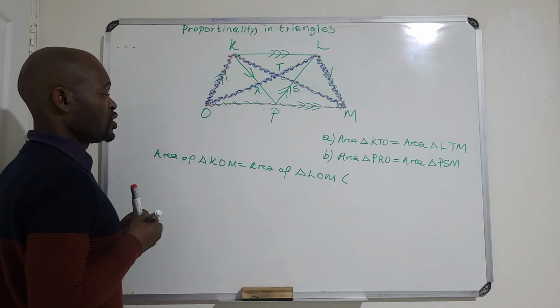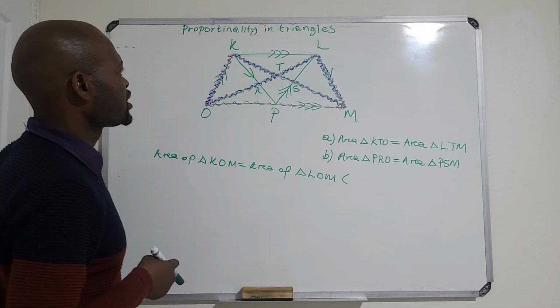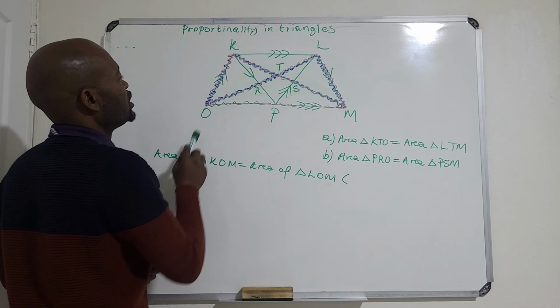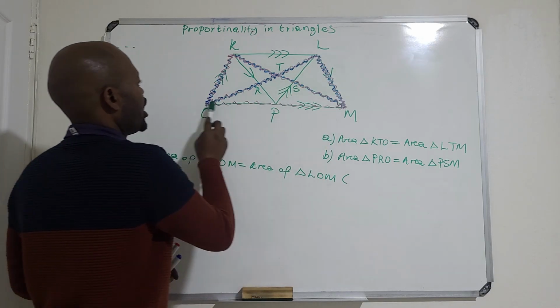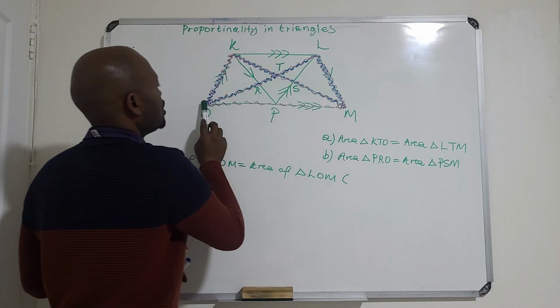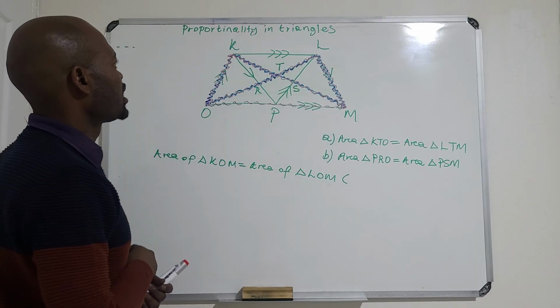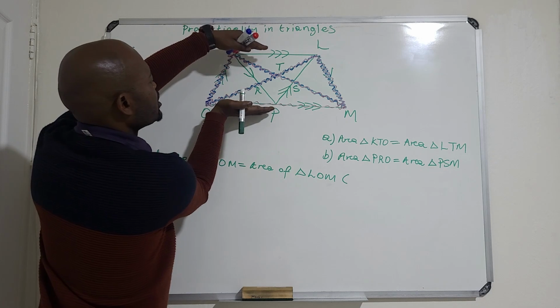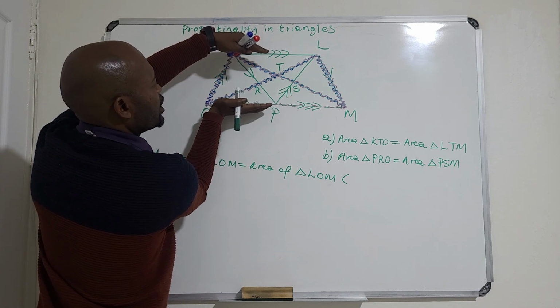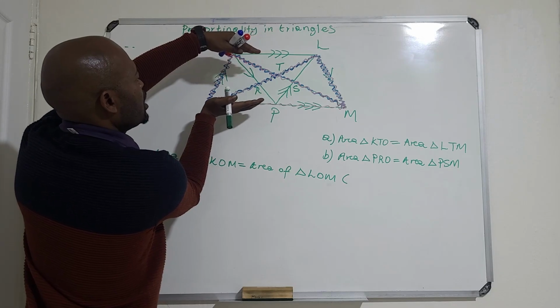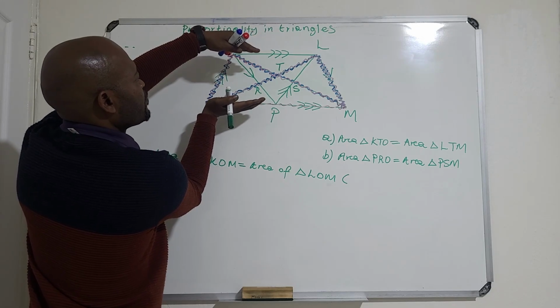Why is that? We are still on geometry, we still need reasons. We say that the area of this triangle is equal to the area of this triangle. Why is that? It is because the two triangles are in the same parallel lines. It means that they have the same height.